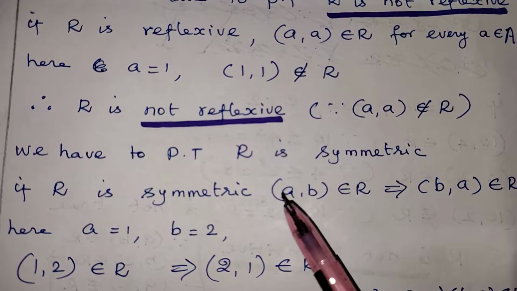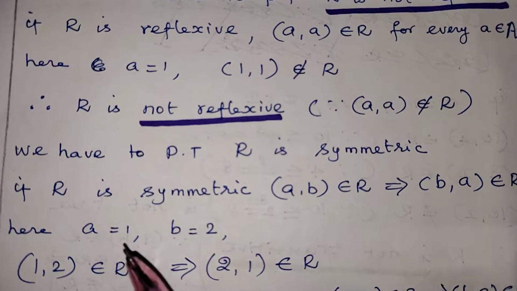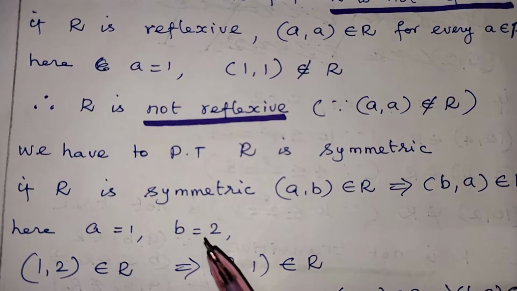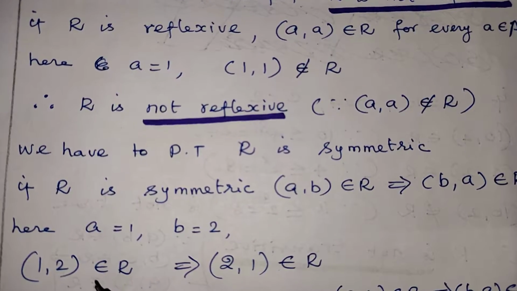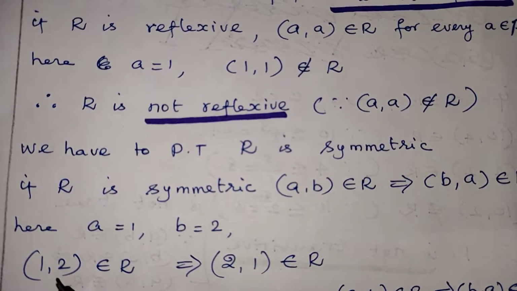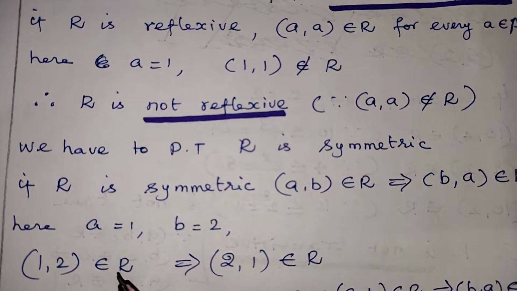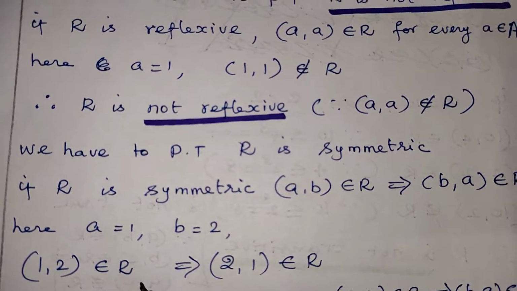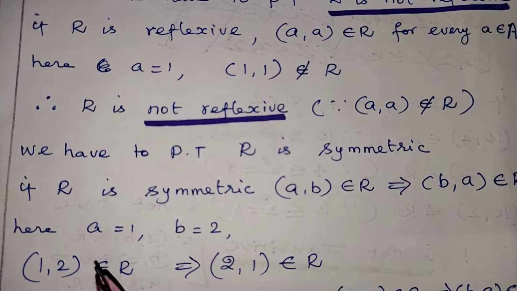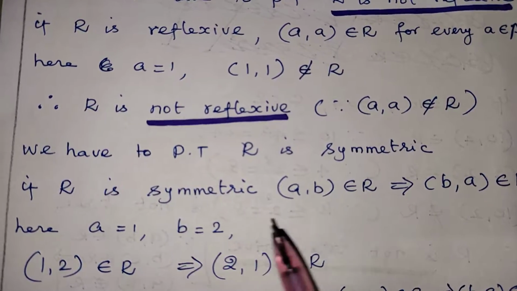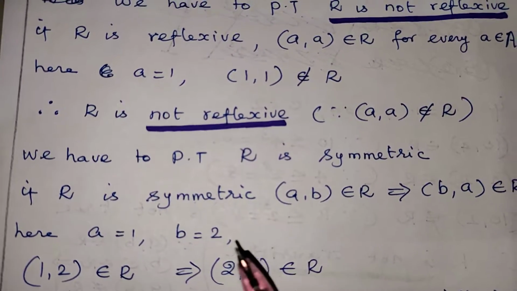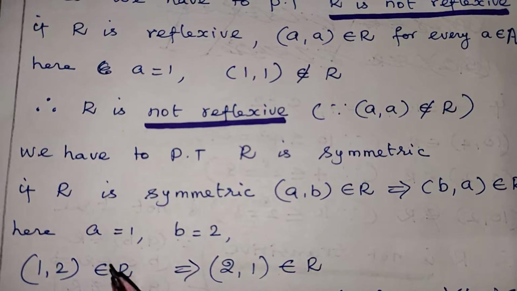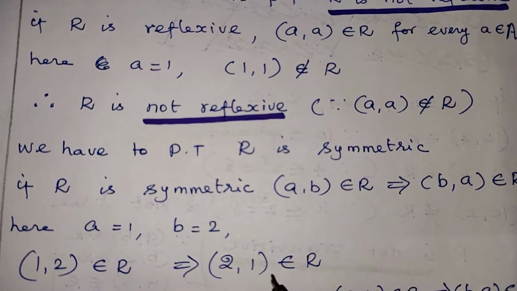Here we take a = 1, b = 2. The first pair (a, b) means (1, 2) belongs to R. (1, 2) belongs to R means, by the symmetric condition, another pair will be (b, a), here (2, 1). That pair also belongs to R.